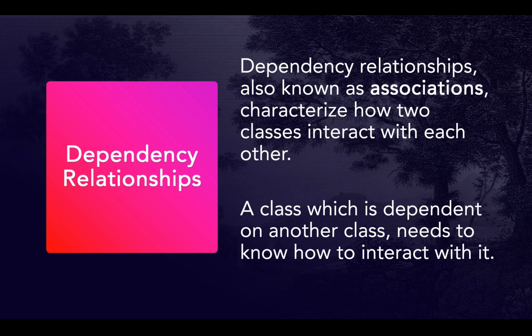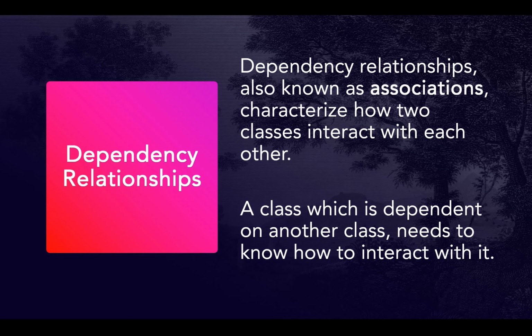The next type of class-based relationships, and these are sort of more like object-based relationships actually, but the best way to call them is dependency relationships. Dependency relationships are also known as associations, which characterize how two classes interact with each other. So a class which is dependent on another class needs to know how to interact with it.